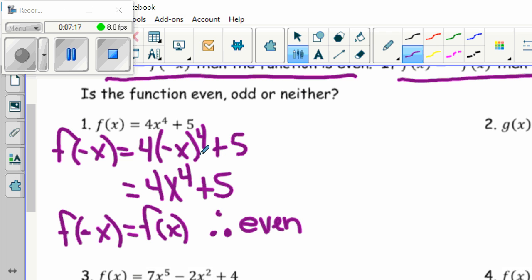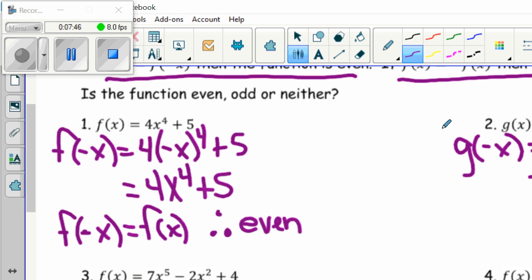So number 2, g of x equals 2x cubed plus 3x. So again, we start out, we plug in negative x for all of the x's. So I get 2 times negative x cubed plus 3 times negative x. Work this out. If I take a negative number and I cube it, I'm going to get a negative number back. So this would be negative 2x cubed, and then 3 times negative x is minus 3x.